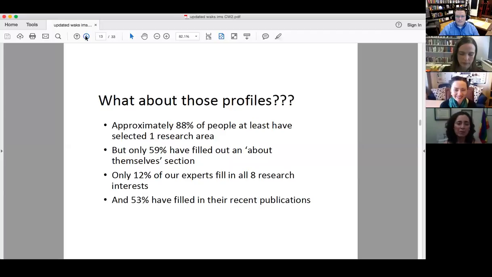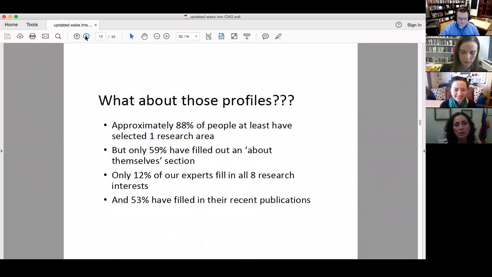So again, if people are looking for speakers, if they're trying to figure out whether to invite you to a workshop, if they're trying to find work that's relevant to what they're doing, it doesn't really help them to do searches when there's nothing to be searched. If your profile is only half filled up, if it's just a minimal profile with maybe a link to your website, they're not going to find you.